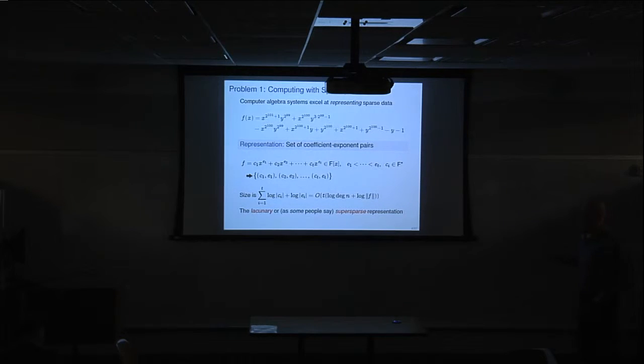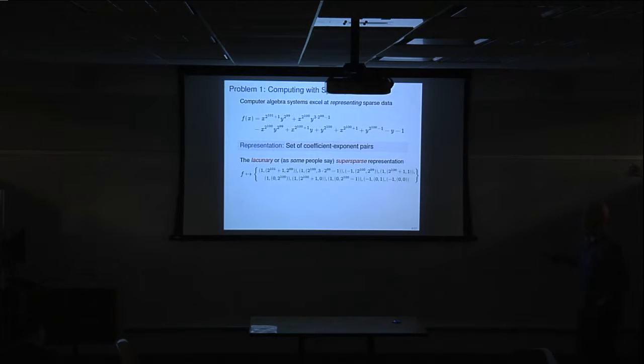Eric, if you're listening, I don't like it, but nonetheless: lacunary, super sparse. There are other notions too; I think fewnomials come up. I think fewnomials tend to be polynomials with a constant number of coefficients. There are no really hard definitions of these things.